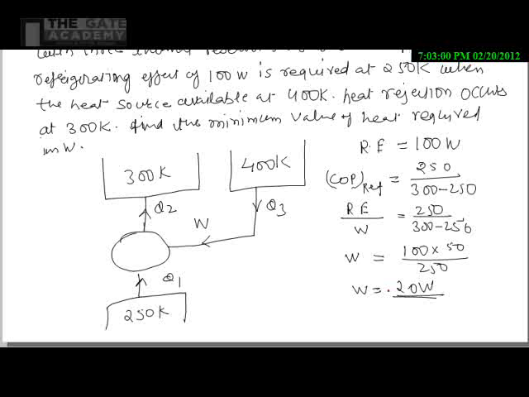But we are interested in the value of Q3. Our primary interest is to find the minimum value of heat, because this Q3 is required for running this refrigerator. So we are interested in Q3. But right now we have the value of work done, that is 20 watt.